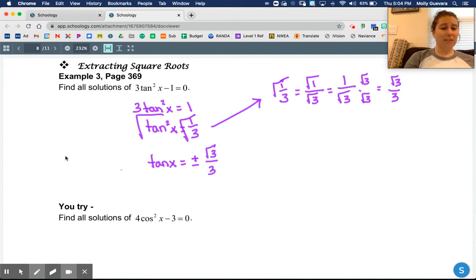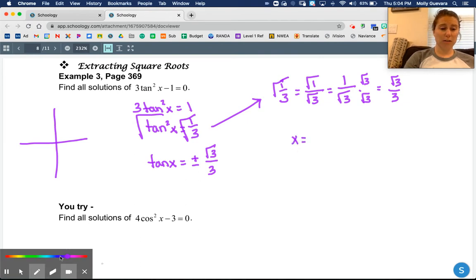Okay, now since it's plus or minus, I'm going to probably end up doing this in a couple different colors. I need to know what angle gives me positive root 3 over 3. So let's do that in a blue. Okay, so tangent is positive here and here in quadrant 3. So 1 and 3, tangent is positive. What angle gives me this guy right here?